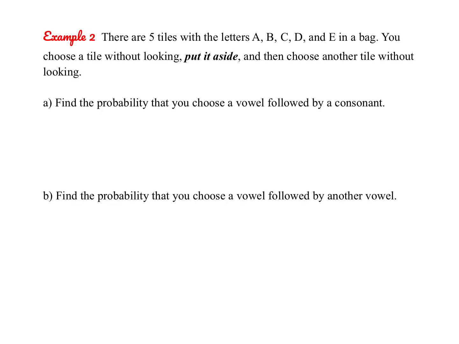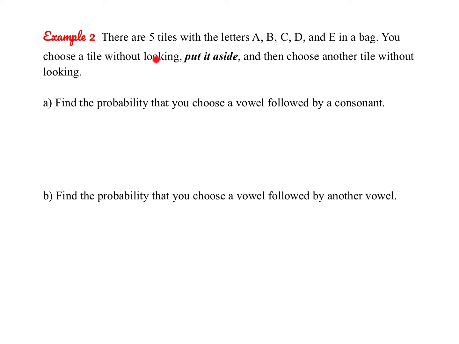All right, so let's see if we can use this multiplication rule to help us find some probabilities. Here we have 5 tiles with the letters A, B, C, D, and E in a bag. We choose a tile without looking, and then we put it aside, and then we choose another tile without looking. Since we are pulling a tile out of the bag and putting it aside, when we go to choose the second tile, there are fewer things to pick from, and there could be fewer favorable outcomes for us.